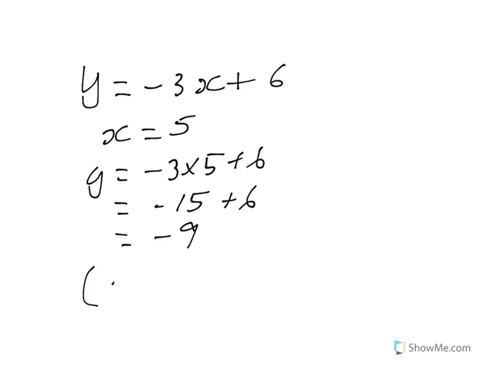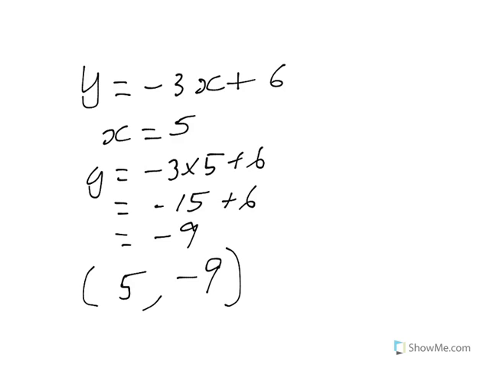So these two lines intersect at 5 and negative 9, if we were to draw them on a graph. So they're the two methods that you can use to do this algebraically.